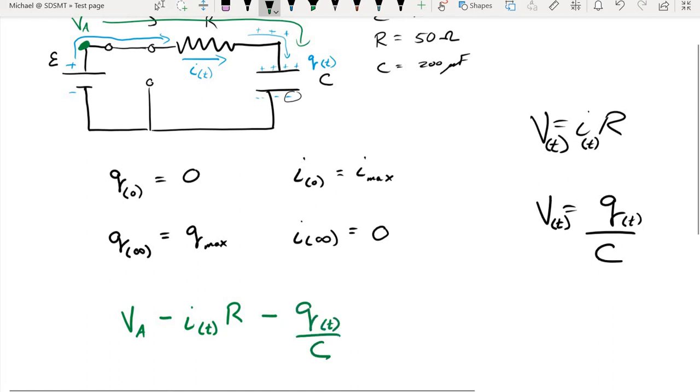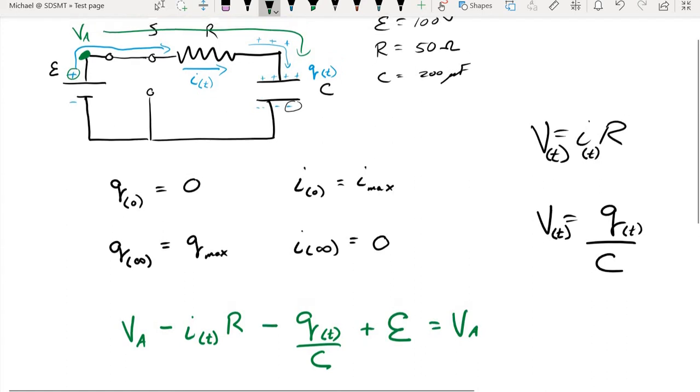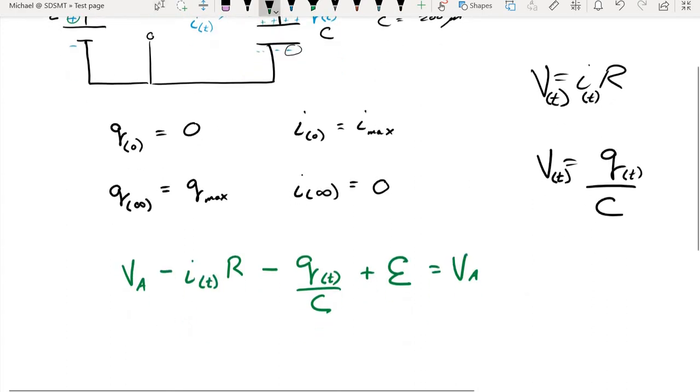And we're going to use the Q over C ratio to represent the potential for the capacitor. Once we get past the capacitor, then we travel along and we have to pass over the battery. Emerging on the positive side of the battery, that will be an increase in potential. And now we're back to our starting point, VA.